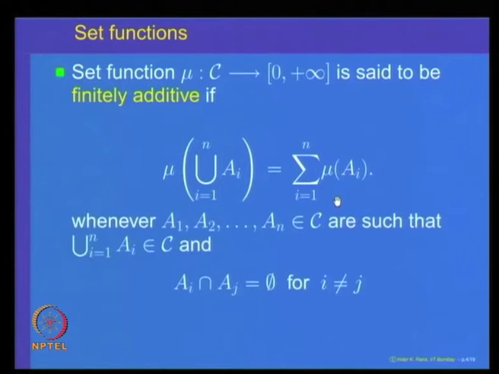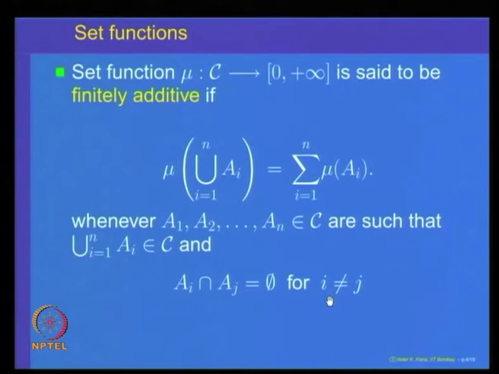Of course, this will be whenever A 1, A 2, up to A n is a finite collection of sets in C such that their union also belongs to C, for otherwise the left hand side will not be defined, and we want further that these sets are pairwise disjoint. So, A i intersection A j is empty for i not equal to j.